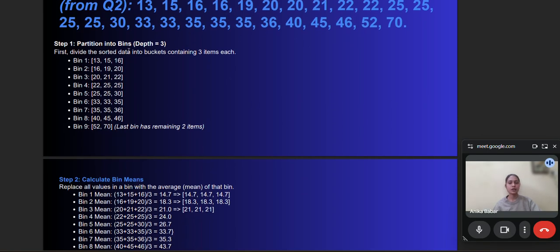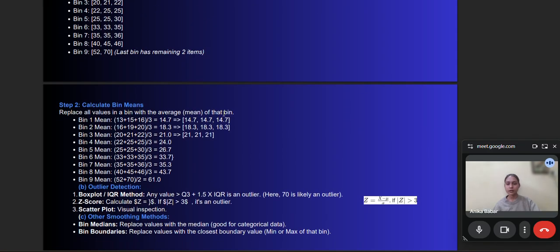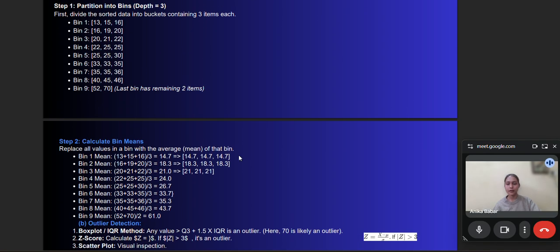Step 1 is partition into bins, that is depth equals 3. First divide the sorted data into buckets containing 3 items each. We have sorted the data into buckets. Each bucket contains 3 items. So we have bin 1 to bin 9.